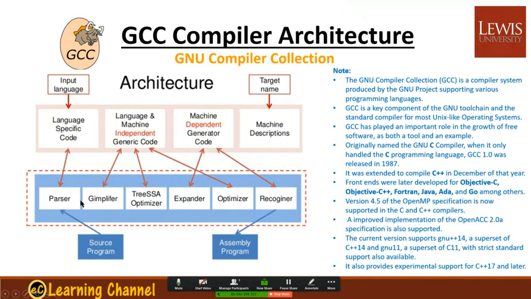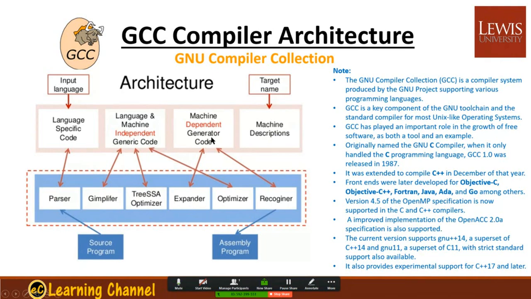Then you do the front-end scanning and parsing here, and send it into the gimplifier. The gimplifier will generate some intermediate code. Later we will show you what the gimplifier is. Then there is the machine-independent generic code standard, and you generate a tree single assignment optimizer, and then you go into the expander.